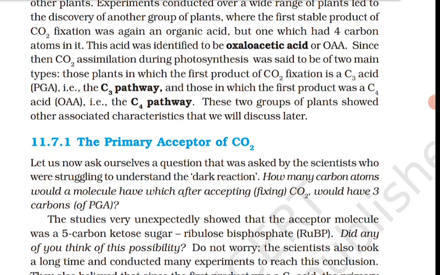This releases enough energy to activate ATP synthase enzyme that catalyzes the formation of ATP.